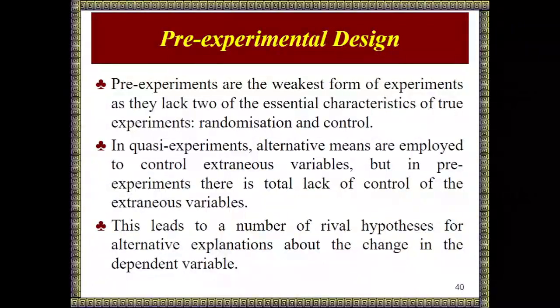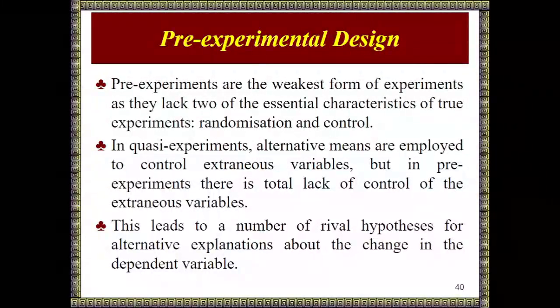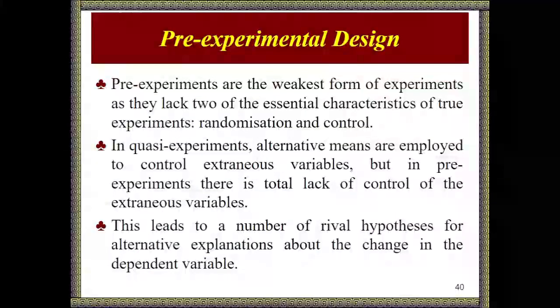No randomization and no control, only the manipulation. So there is no control over extraneous variables, and this leads to a number of rival hypotheses as alternative explanations for the change in the dependent variable.